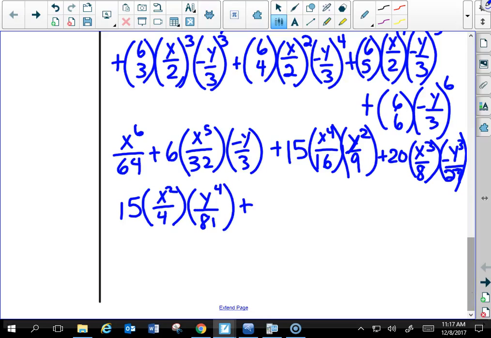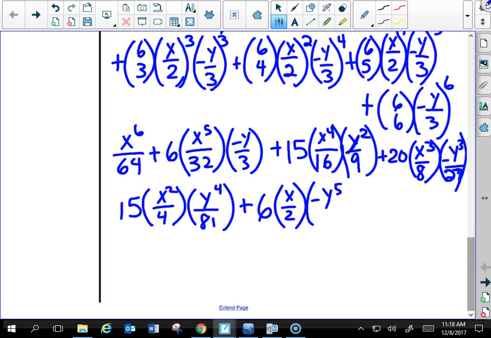Almost there. Working on x to the 1st power, which is the combination 6, 5. That's just going to give me a 6. X over 2. And then y is to the 5th power, so it's going to stay negative.